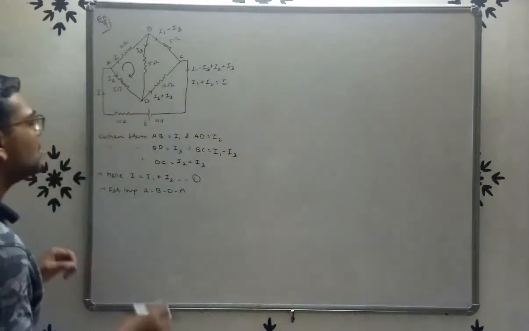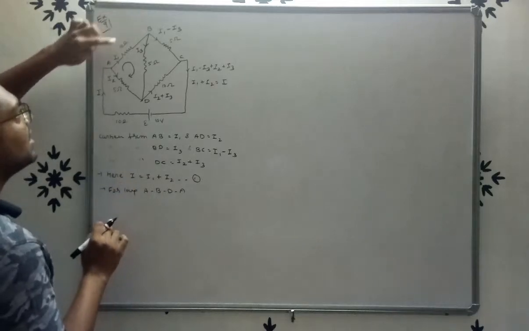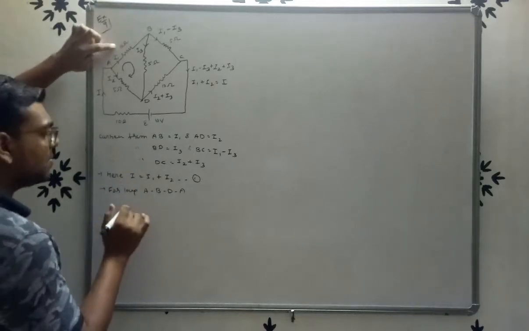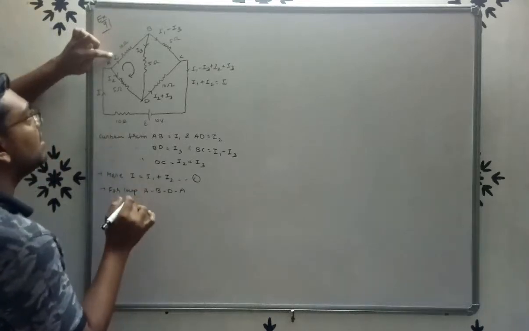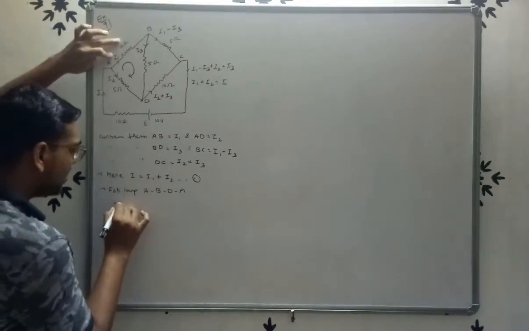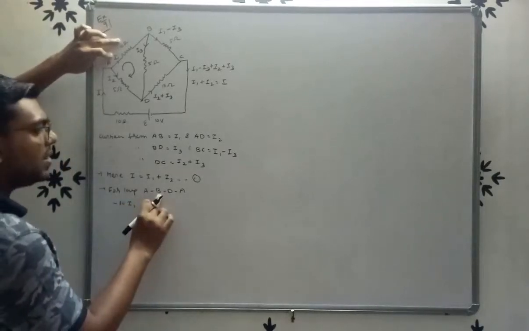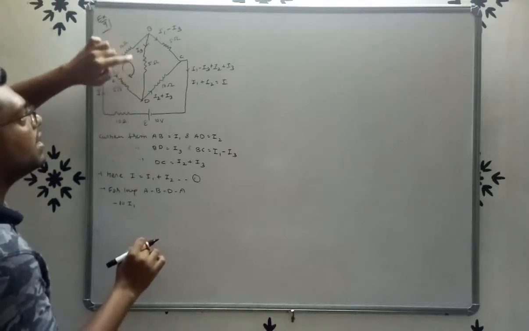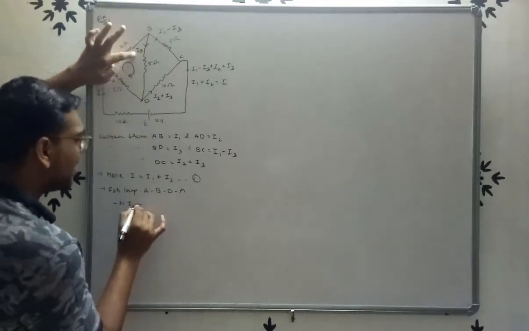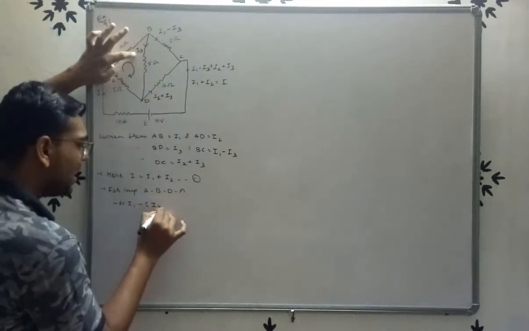So current A to B, path A to B, so direction same, so IR will be negative. So minus current I1 and resistance 10, so minus 10 I1. Thereafter A to B, then B to D, current also from B to D, so IR will be negative, so minus current I3 and resistance 5, so 5 I3.